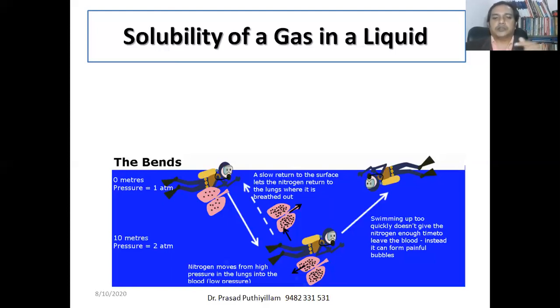And if the person swims up too quickly from the depth, even from a 10-meter depth, and comes to the surface very fast, then this nitrogen dissolved in the blood may not get enough time to come out of the dissolved state. It will remain in the blood, or it becomes bubbles. It won't be released as such. It becomes bubbles, which will block the veins of our blood, and it will be very painful.